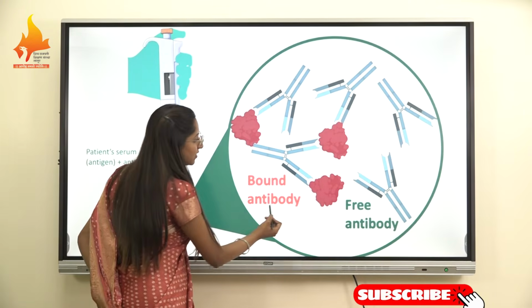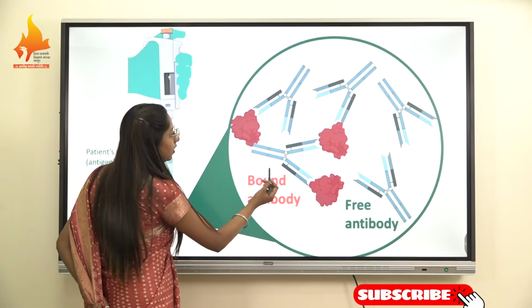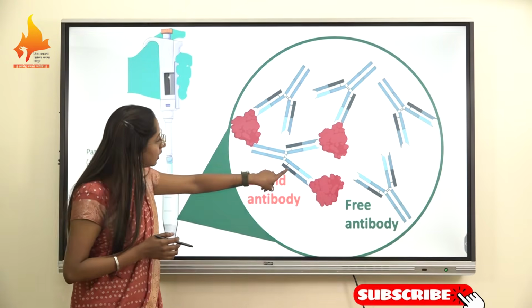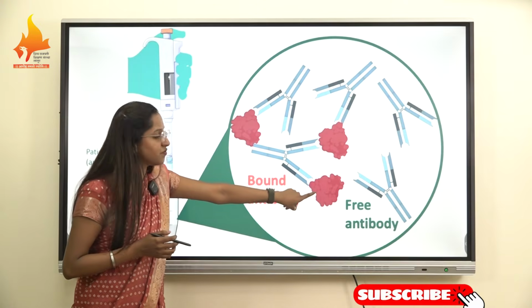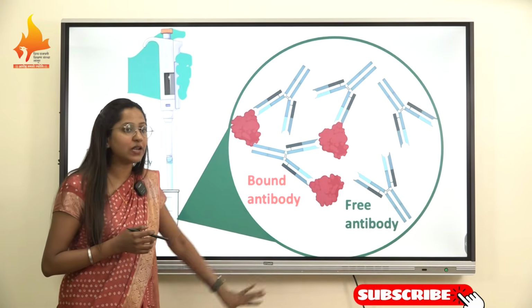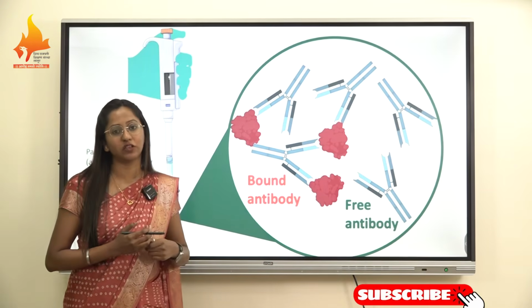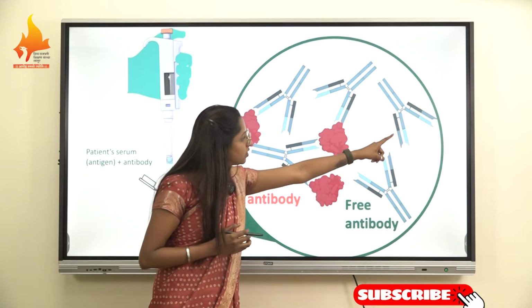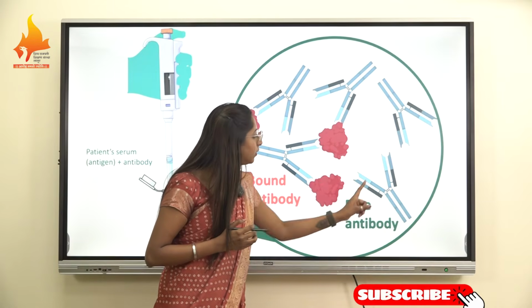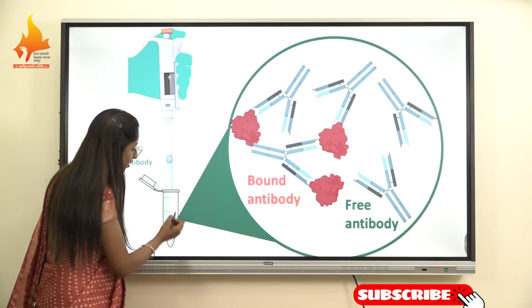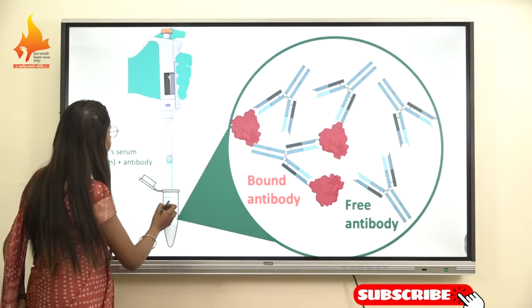As you can see here, there will be binding or complex formation between a specific type of antibody and the specific type of antigen. As you are adding a large amount of antibodies, some unbound or free antibodies are also present inside this solution, right?